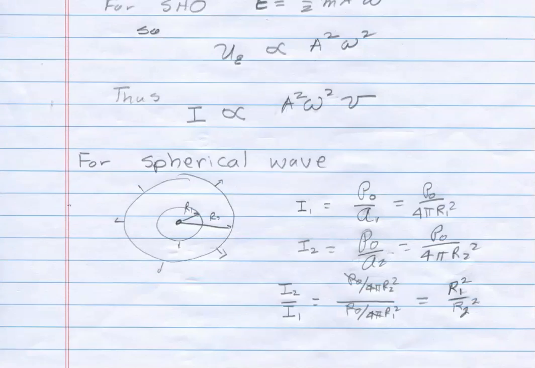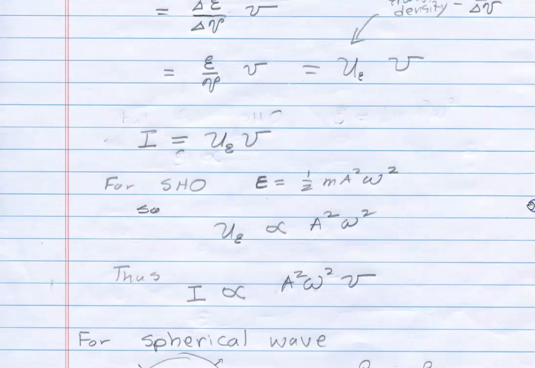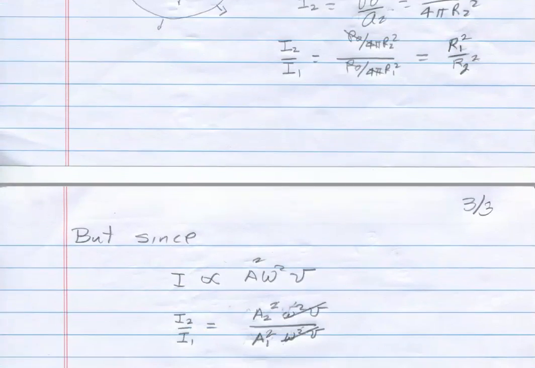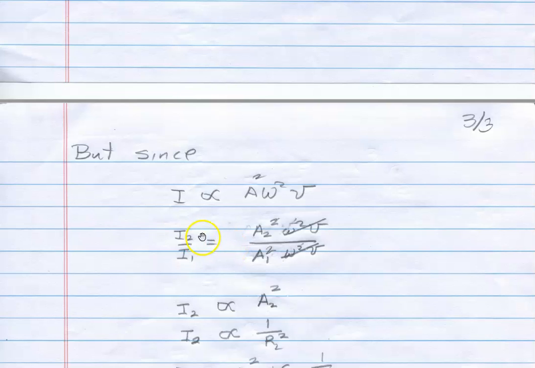However, we've already said that intensity is also proportional to the amplitude of the wave squared times omega squared times v. And so I can use that here. Intensity is proportional to A squared omega squared v. And I can also get the ratio of I2 to I1, the intensity at 2 to 1.